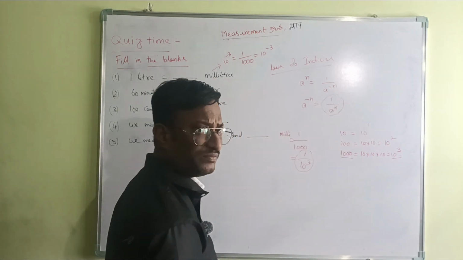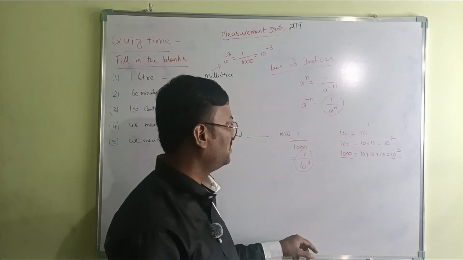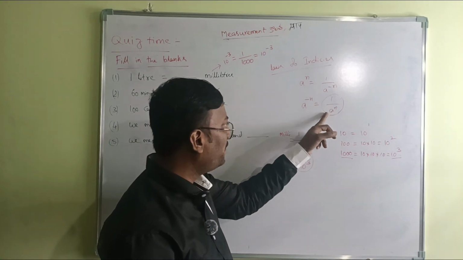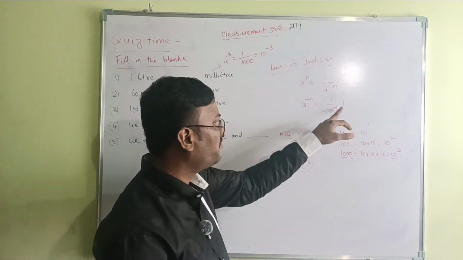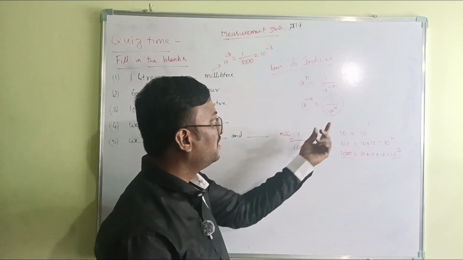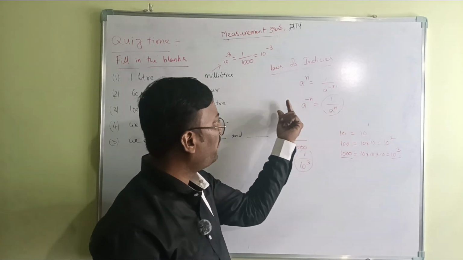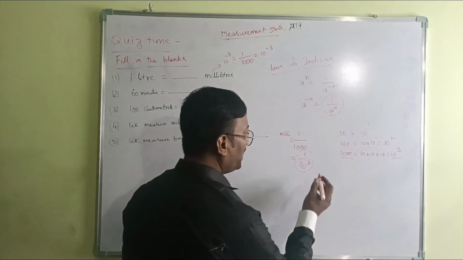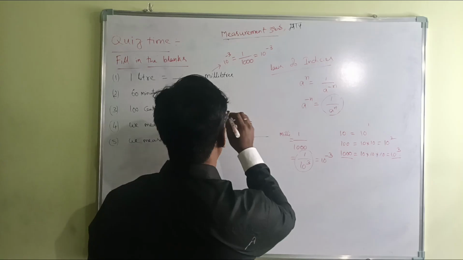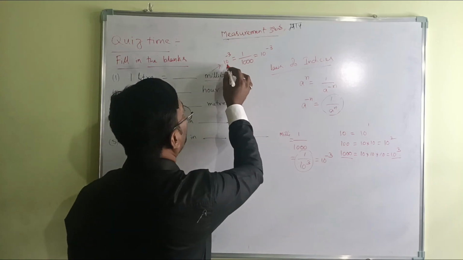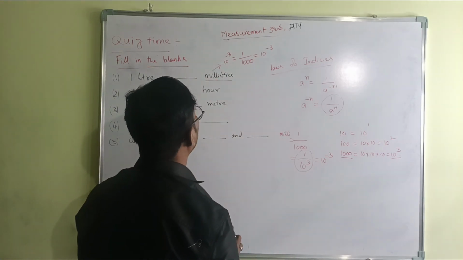Okay, in your maths you are going to learn this. Instead of a here we are having 10, instead of n you are having 3. इसको कैसा लिखा, a power minus n लिखा, so it can be written as 10 to the power of minus 3. So milliliter is nothing but 10 to the power of minus 3.